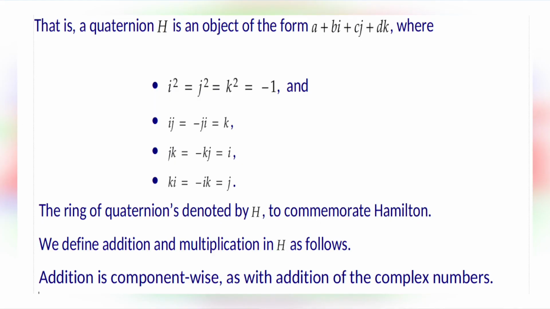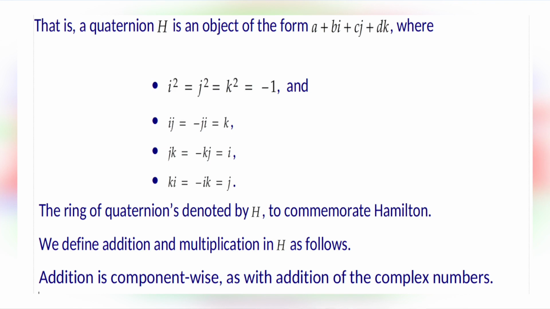Instead of adding just one element i to the real numbers, Hamilton added 3. That is, a quaternion H is an object of the form a plus bi plus cj plus dk, where i square is equal to j square is equal to k square, which is equal to minus 1, and ij is equal to minus ji is equal to k, and jk is equal to minus kj is equal to i.